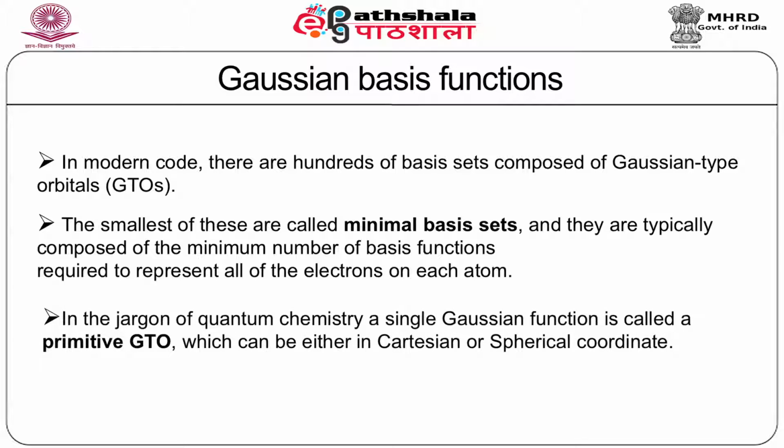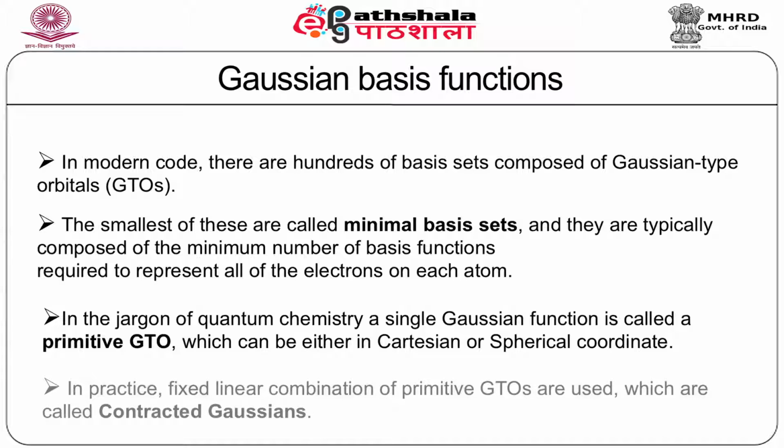In the jargon of quantum chemistry, a single Gaussian function is called a primitive Gaussian type orbital, which can be expressed either in Cartesian or spherical coordinates. In practice, fixed linear combinations of primitive Gaussian type orbitals are used, which are called contracted Gaussians.